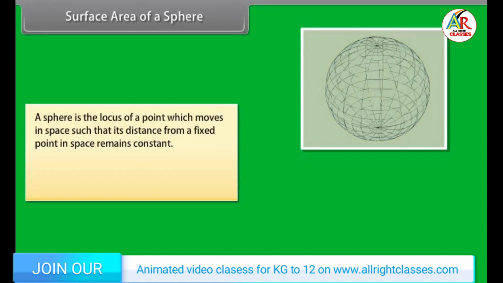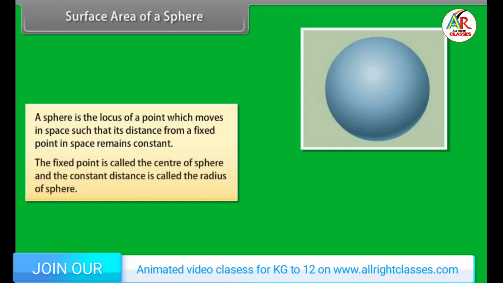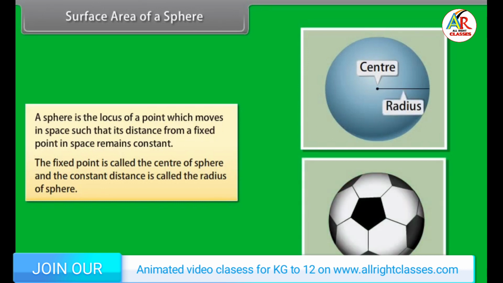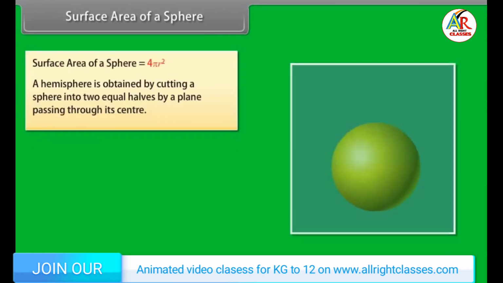Example: solve the surface area of a right circular cone for the given radius of 10 meter and slant height of 15 meter. Solution: radius and slant height, which are 10 and 15 meter respectively, have been given. We have to find the surface area. We know that the surface area of a right circular cone is equal to pi r into (L plus r).